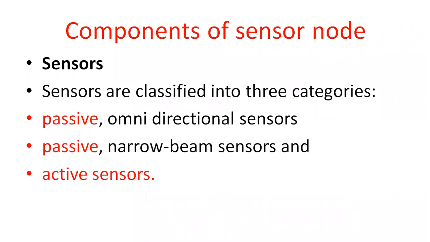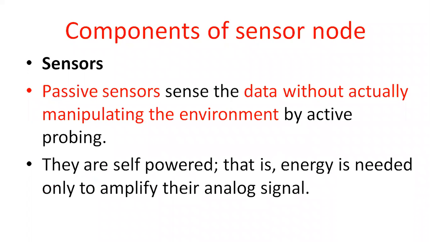The sensors are classified into three categories based on different things. One is passive, and the other is active sensors. Coming to the first one, passive sensor: what is a passive sensor?